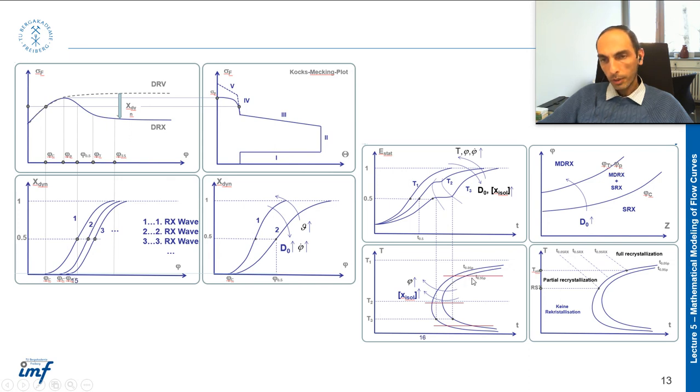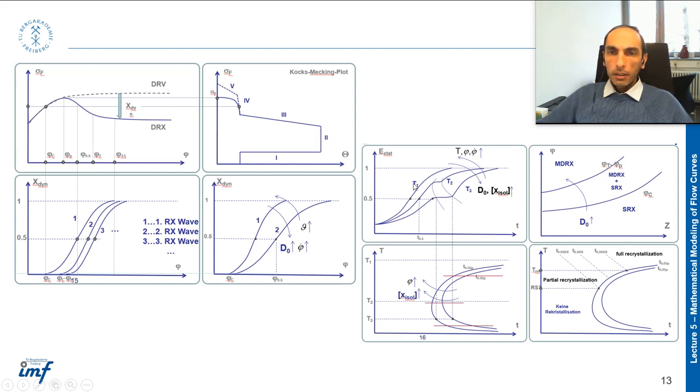Maybe it's better to plot this line here, then you can see here is the start and here is the end, so it takes much more time from here to here, and of course from this point to this point, but at the temperature in the middle, less time is required.